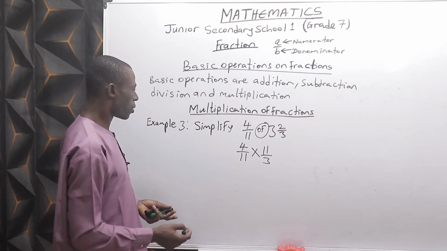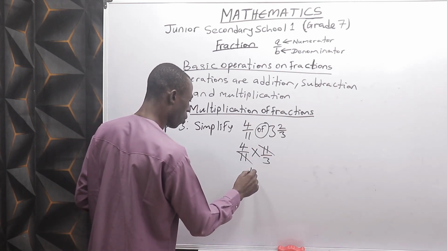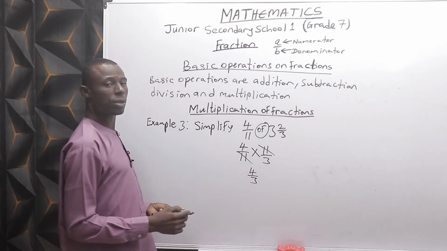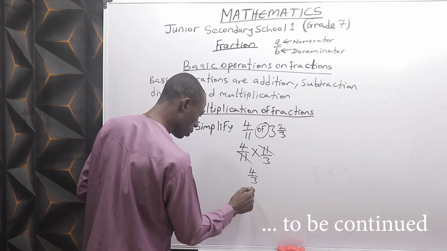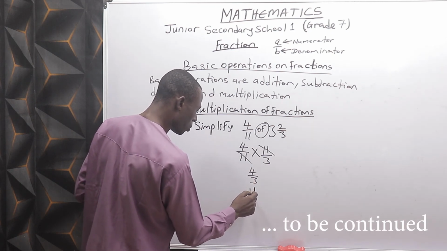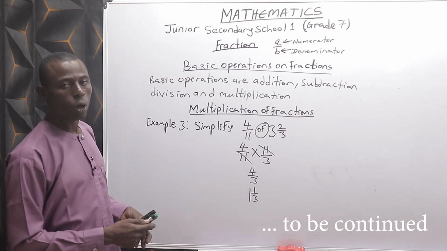Look at this. 11, we take care of 11. So we have 4 over 3 left. So 3 in 4 is 1, remaining 1 over 3. So that is the end of that.